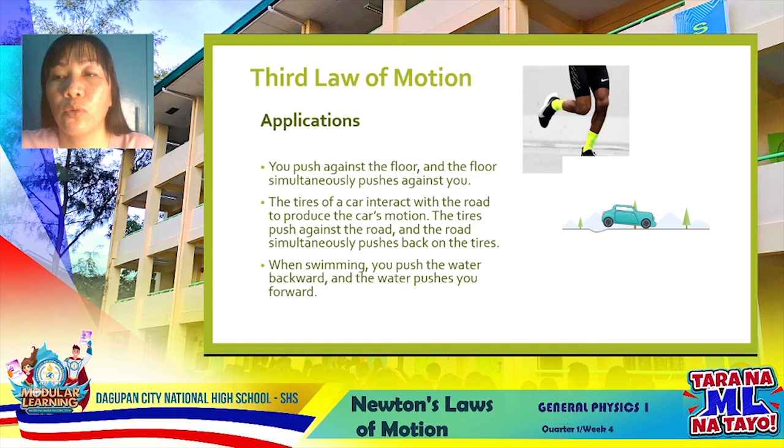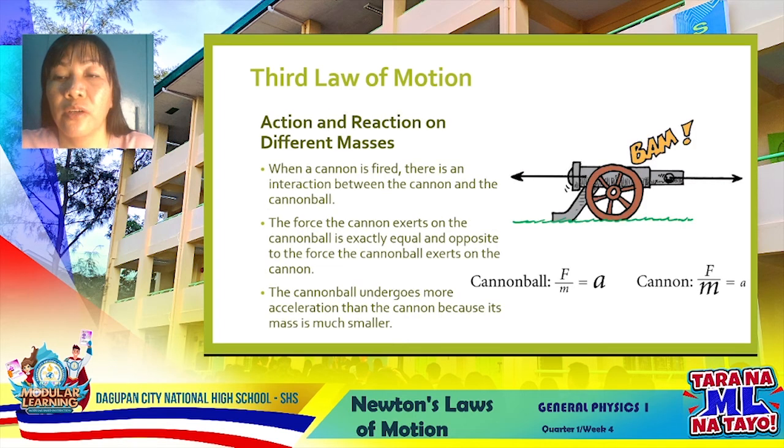An example of action and reaction on different masses is when a cannon is fired. There is an interaction between the cannon and the cannonball. The force the cannon exerts on the cannonball is exactly equal and opposite to the force the cannonball exerts on the cannon. The cannonball moves so fast compared with the cannon.